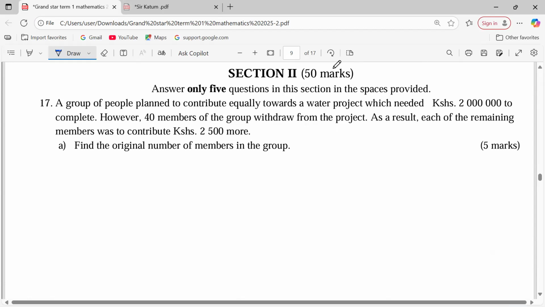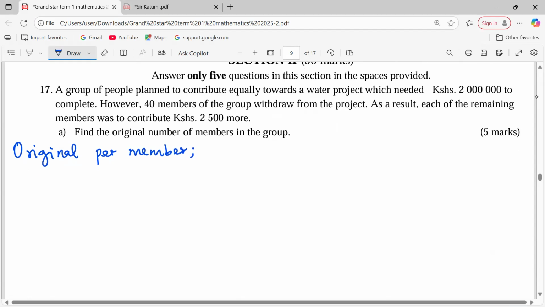So original contribution per member. For us to get the original amount that would have been contributed per member, we need to take the total 2 million and we divide it by the original number of members, which we can assume to have been X members.